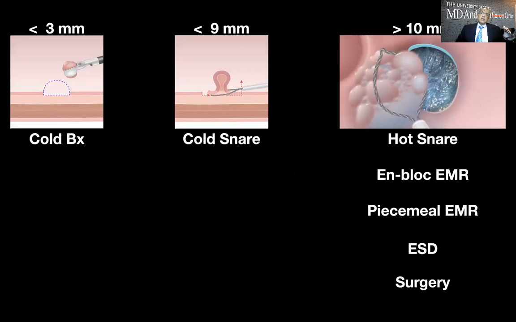So once you decide that you're dealing with a benign lesion and you want to cut it, how do you go about cutting it? So we talked about this briefly. Again, for smaller lesions, core biopsy polypectomy. For medium-sized lesions less than 10 millimeters, cold snare. Although there is some literature out there where some endoscopists are using cold snare resection with submucosal saline injection for larger lesions as well.